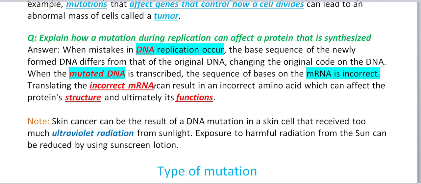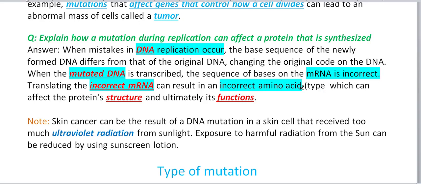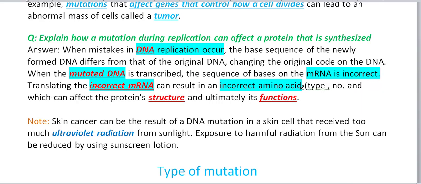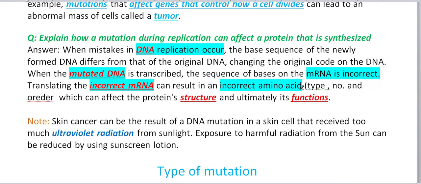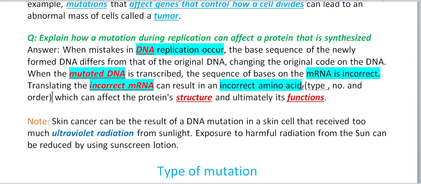The incorrect mRNA can result in incorrect amino acids according to type, number, and order of amino acids. When the type, number and order of the amino acids in a specific polypeptide are changed, it affects their shape. The shape of the protein determines function.